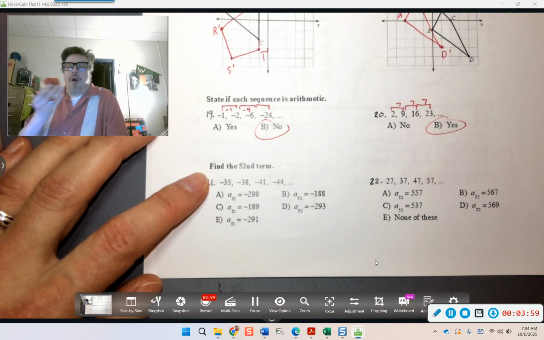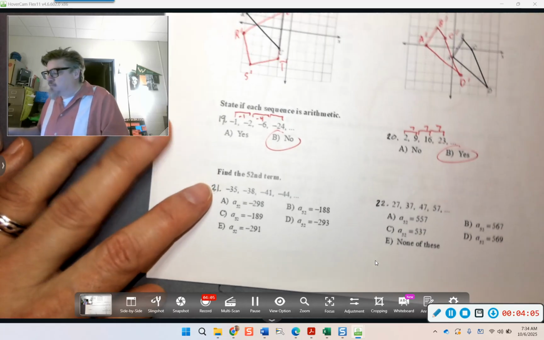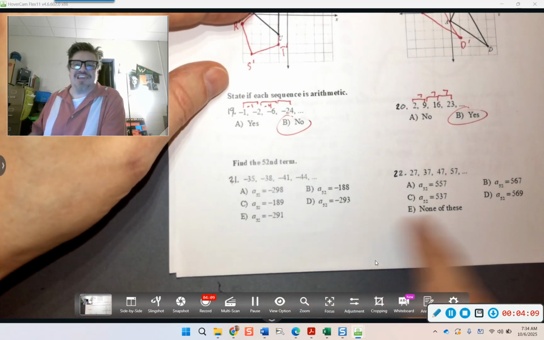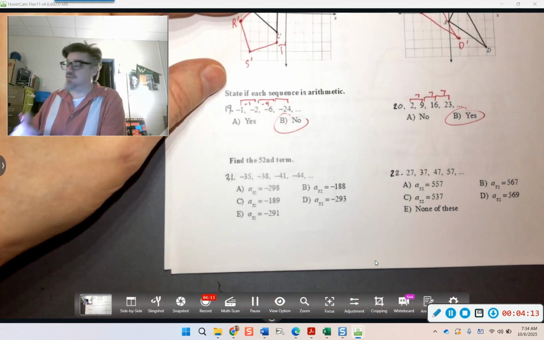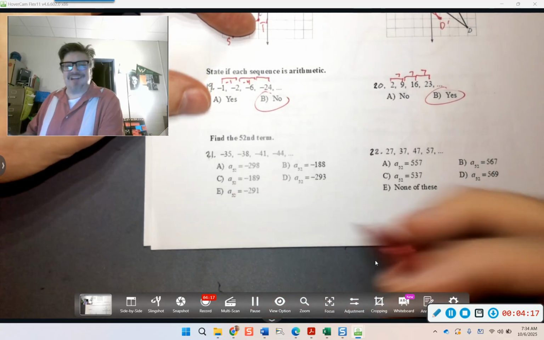We just kind of assumed that it was going to go up the same amount every time. Which means for this one, we can't use these formulas. If it's not arithmetic, the formulas are dead. All right. Last two for this video.